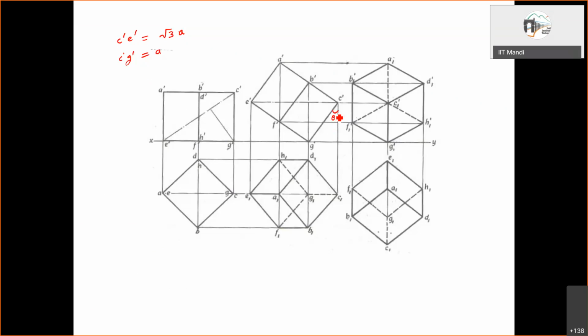The reduced length, from this diagram, is C1 dash G1 dash, which will be equal to C dash G dash cos theta. That is what we will have.